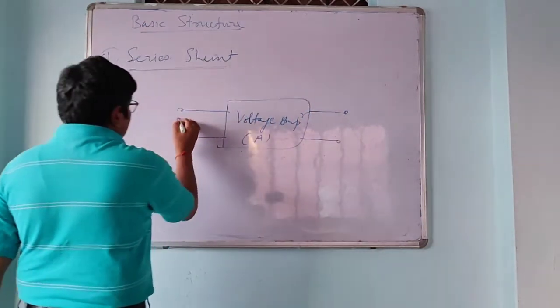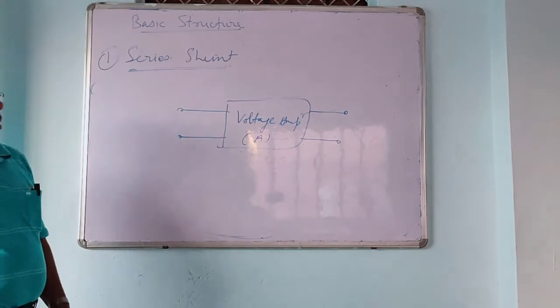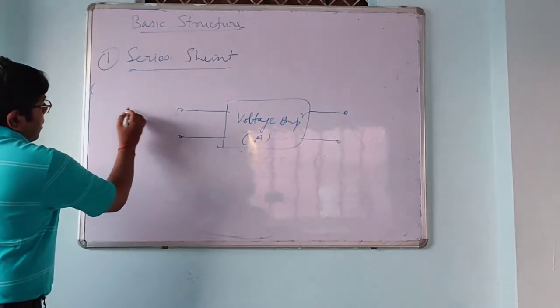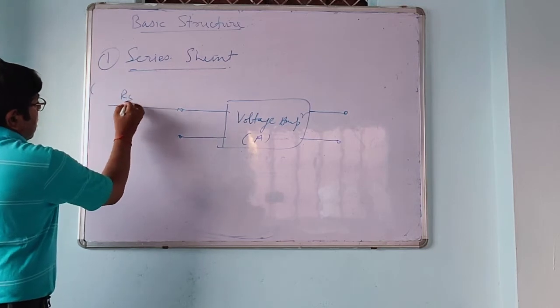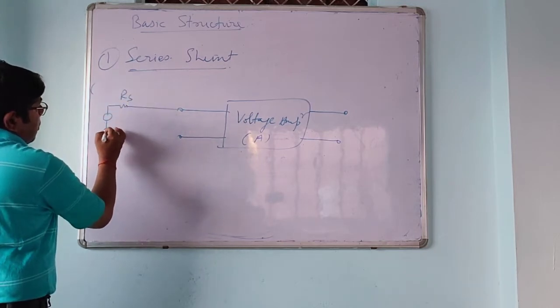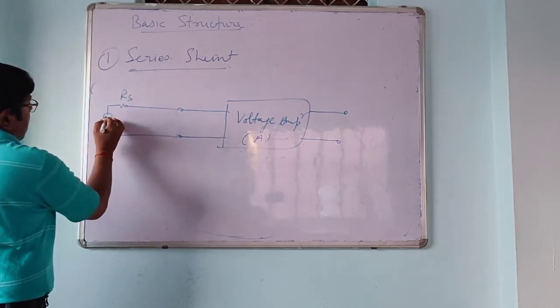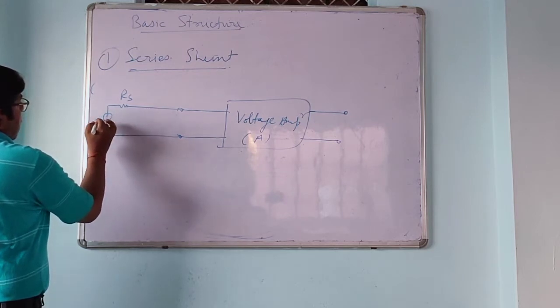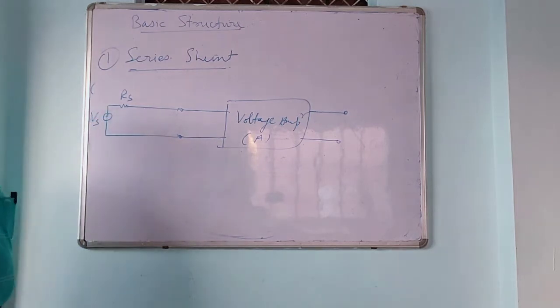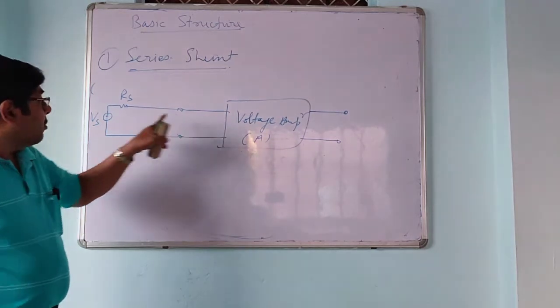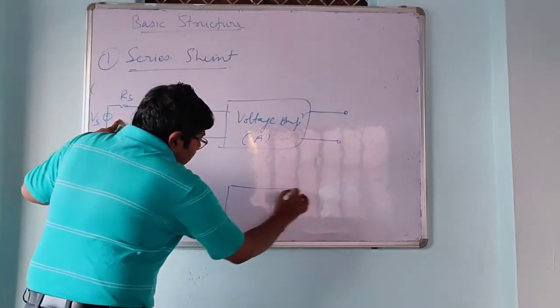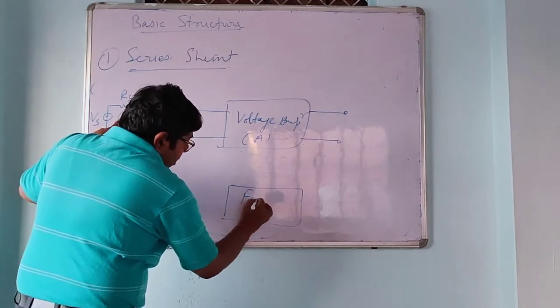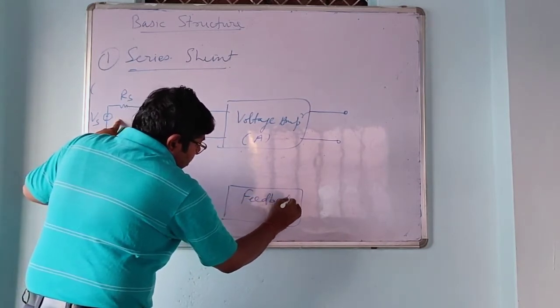Here the input is voltage, so we are using a voltage source here. This is the input, because for a voltage amplifier we are using voltage at the input. Here we have a feedback block. This is the feedback block.